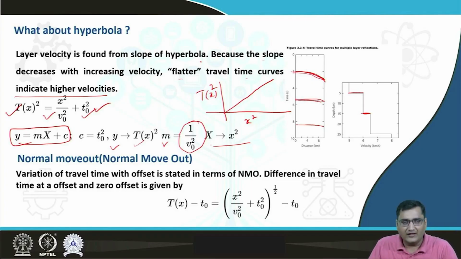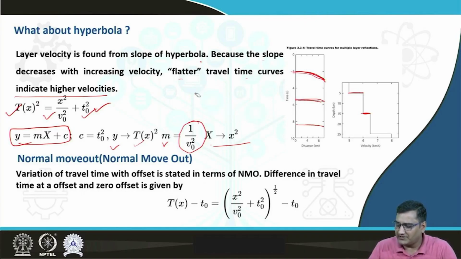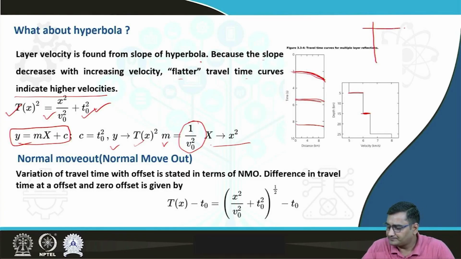Now, what is normal move out? If you look at the reflection data we are talking about, that is nothing but the hyperbola. Let's make a diagram here. Here you have the offset x, and here you have the two-way travel time that is increasing downward. If you look at your hyperbola, it may be something like this.